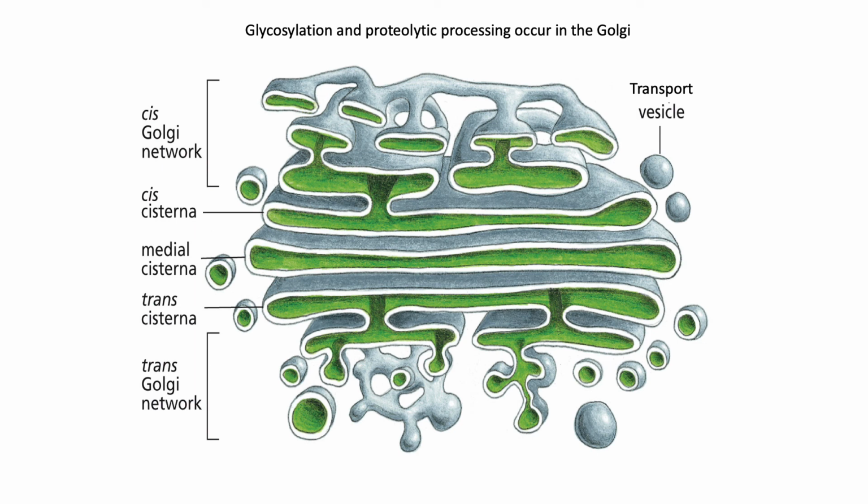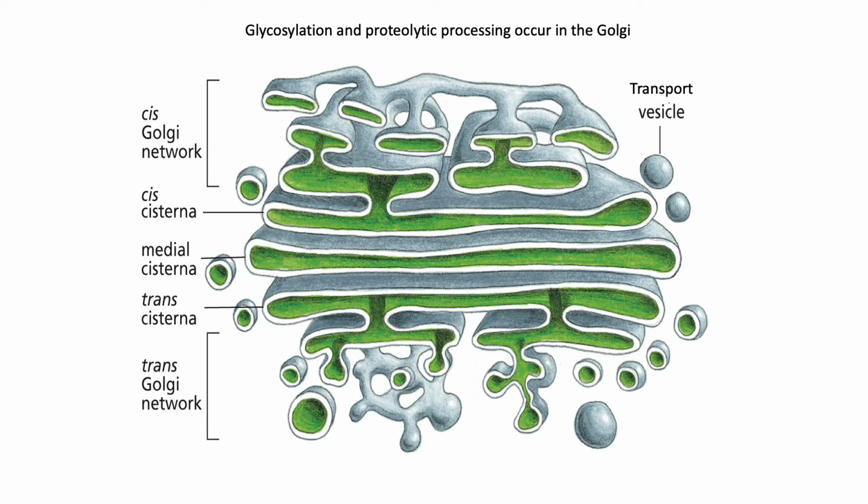So this just represents a little bit more detailed image of the Golgi. So you have the cis Golgi on the top. That, of course, is closest to the ER. And then you have, they call it cis cisterna, medial cisterna, trans cisterna. I don't go into all those.